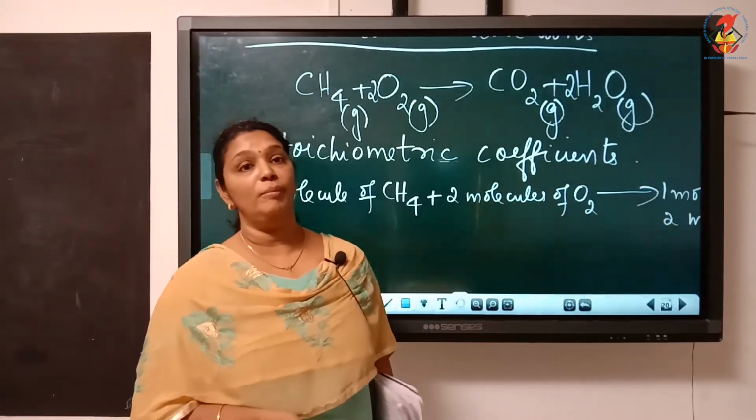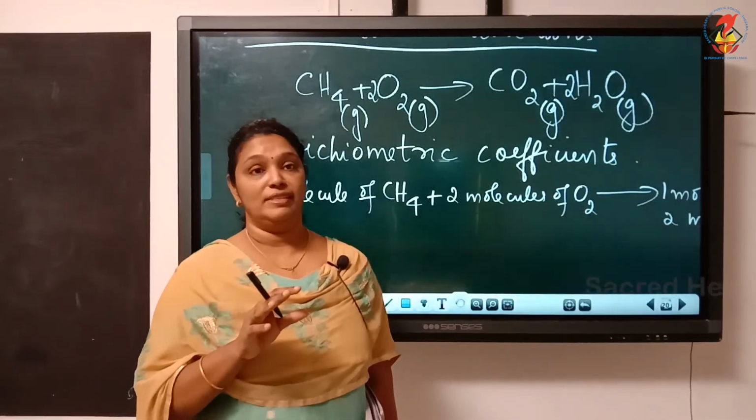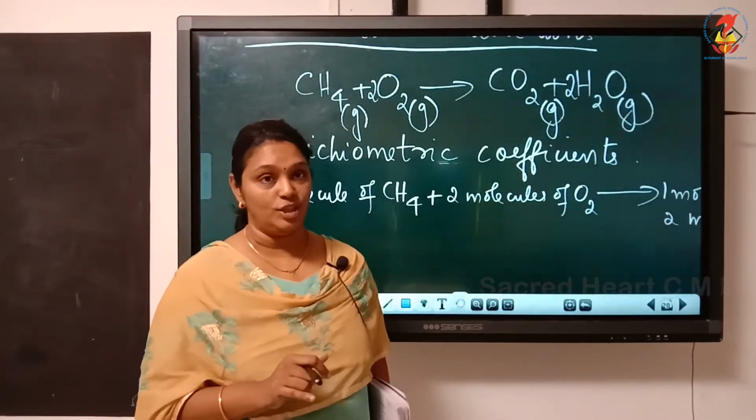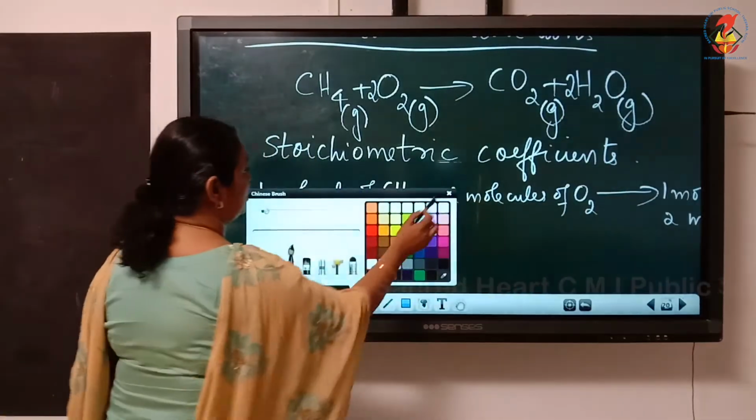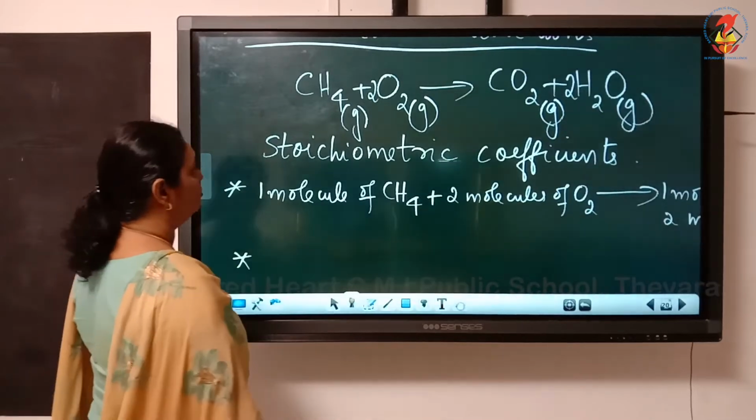Now the second information is the number of moles of substance in a chemical reaction. So the first information was the number of molecules, and the second information is the number of moles.